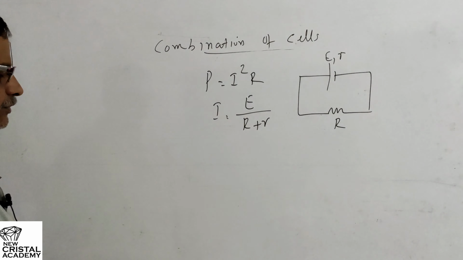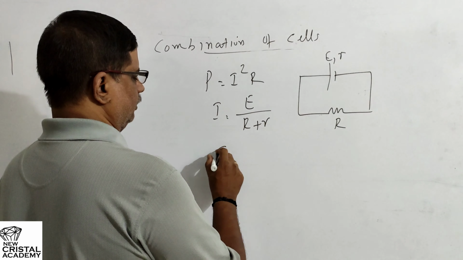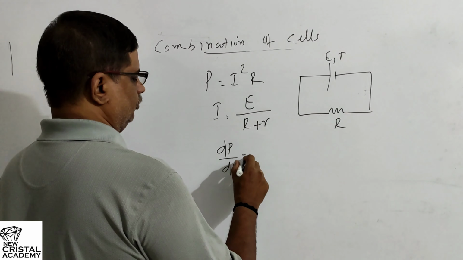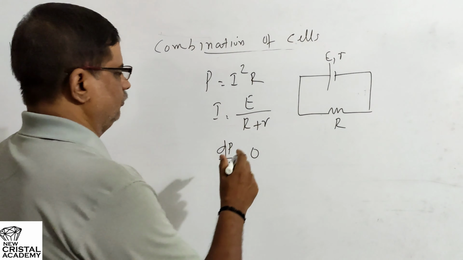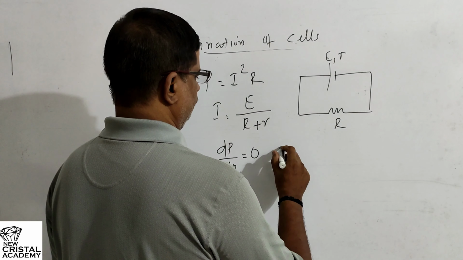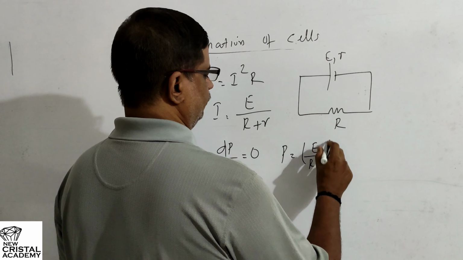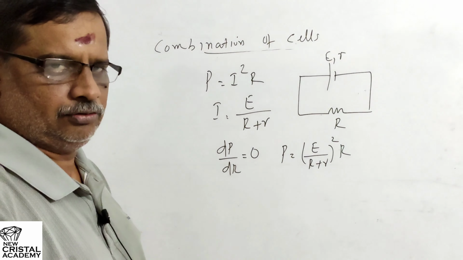Now let us see when this power is maximum. This is the expression for power. So this will be maximum when dP by dR equal to 0. So I equal to E by R plus r, so P is equal to E by R plus r, the whole square, into R. We have to differentiate this with respect to R and put it equal to 0.